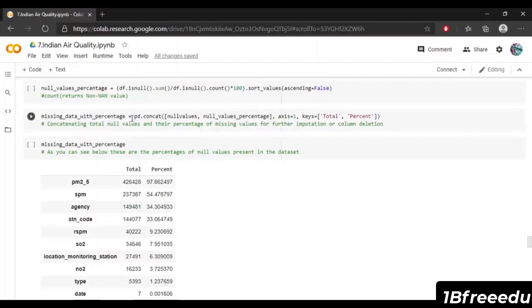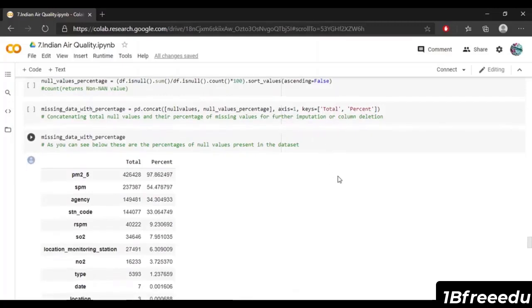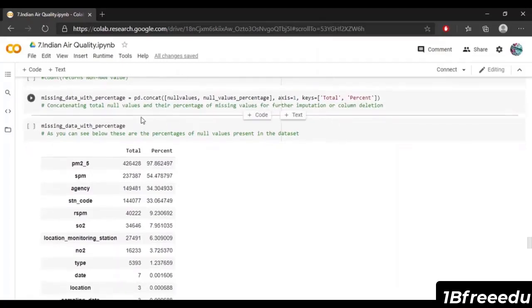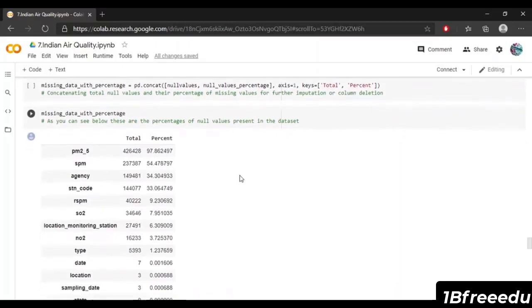And then over here, what we do is we concatenate the null values and null value percentage, and over here we have given the axis equal to 1, and this is the total. So total will show us the total missing values, and percent will display the percentage of those missing values over here. So we have concatenated the total null values and their percentage of missing values for further imputation or column deletion.